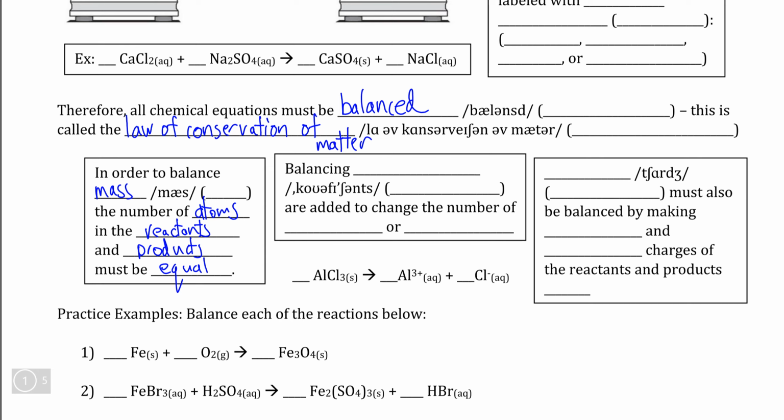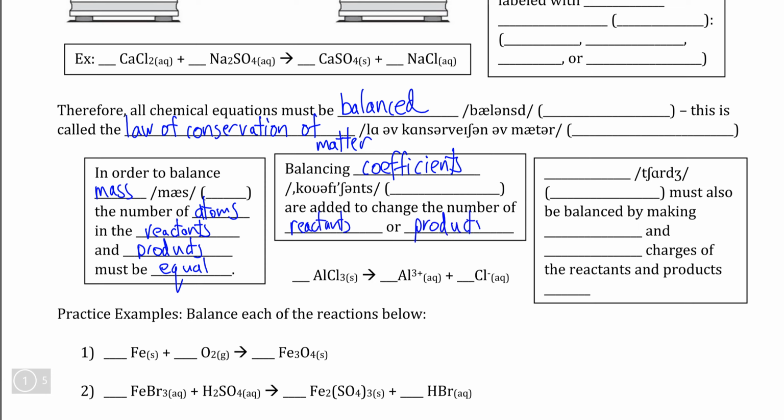So for that purpose, we need to use something that we call balancing coefficients. Remember that a coefficient is just a number that is put before a variable in mathematics, and what a balancing coefficient is used to do is to change the number of reactants or products that we have.